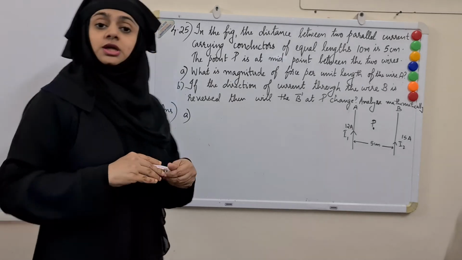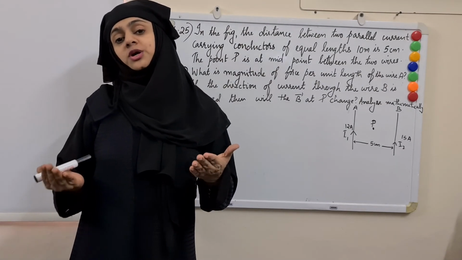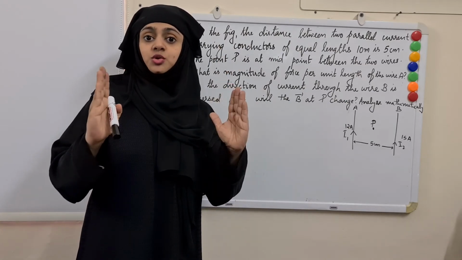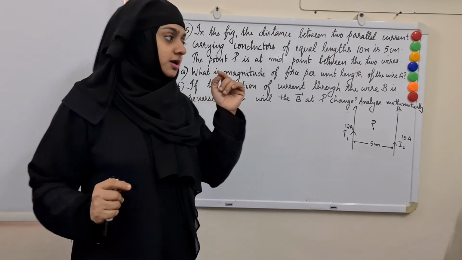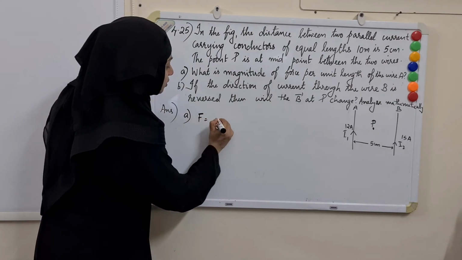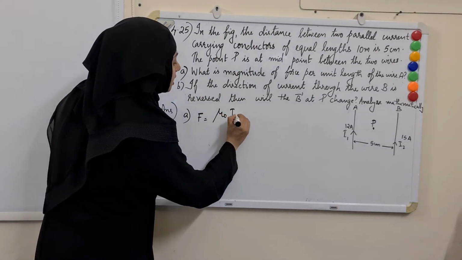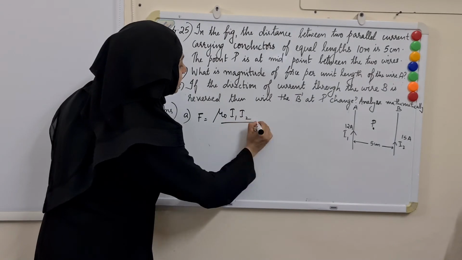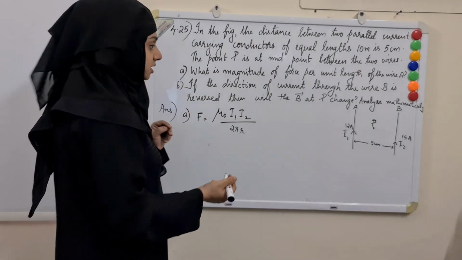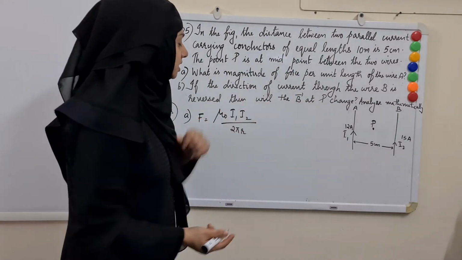We have already learned the formula for force per unit length of two wires parallel to each other and carrying current. Let me express that as F is equal to mu naught I1 I2 by 2 pi r, where r is the distance separating them. All these values are directly given.